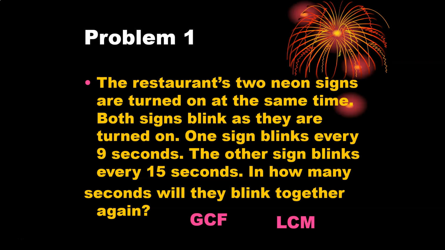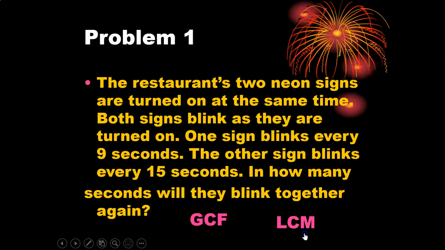Again, will we be thinking about GCF or LCM? In this problem, since something is happening over and over again, we would think that this is an LCM problem, a multiple problem, because the same numbers are repeating over and over again. We can write down how many seconds go by on the first sign. It blinks every 9 seconds. So we could say 9.